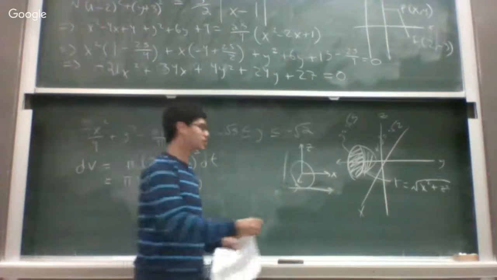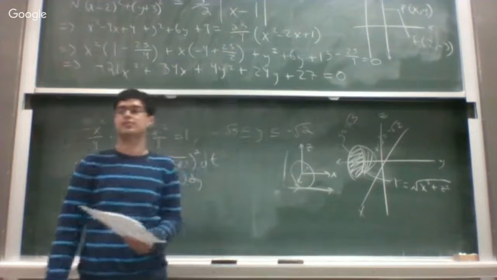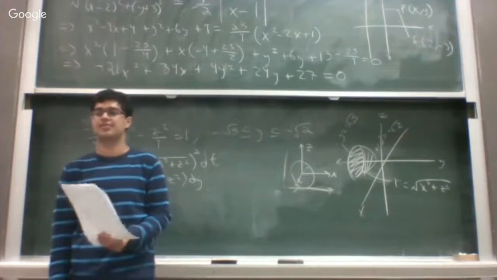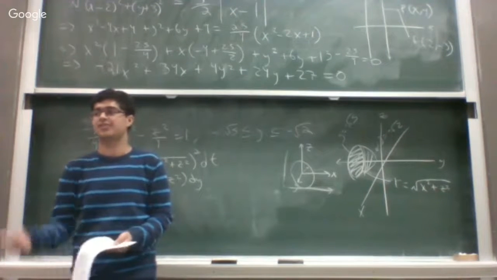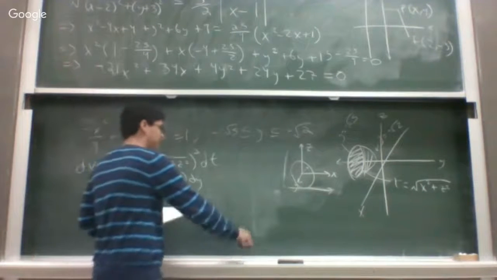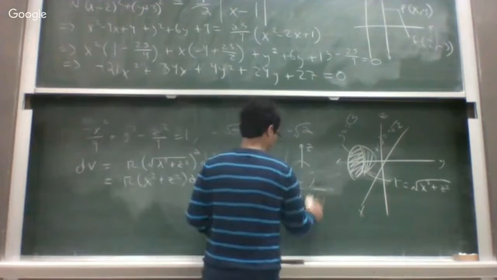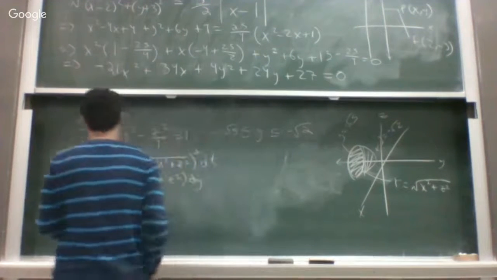So the radius is a function of x and z. Did that make sense? Did you have a question? Okay. Let me just continue with this problem. Maybe it'll be a bit more clear, and we'll get back to it.